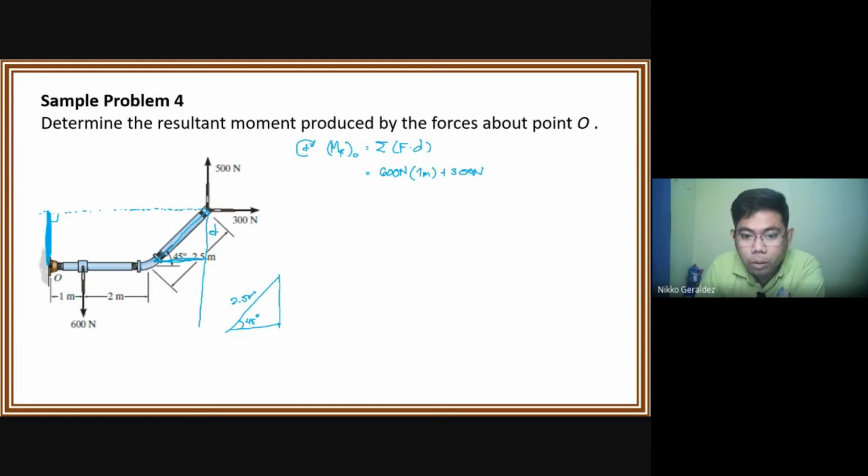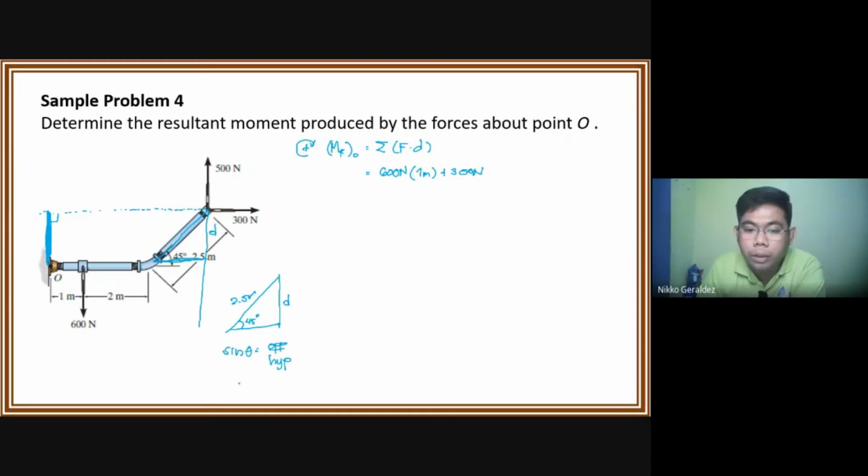Then, yung perpendicular distance ng 300 Newton ay yung opposite side ng 45 degrees. So that is D, the opposite side. Gagamit tayo ng sine function. So, sine theta is equal to opposite over hypotenuse.